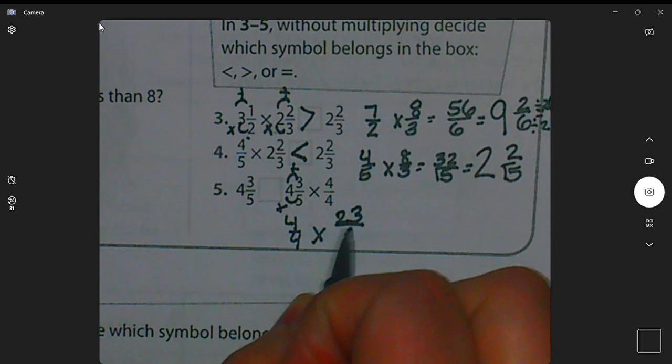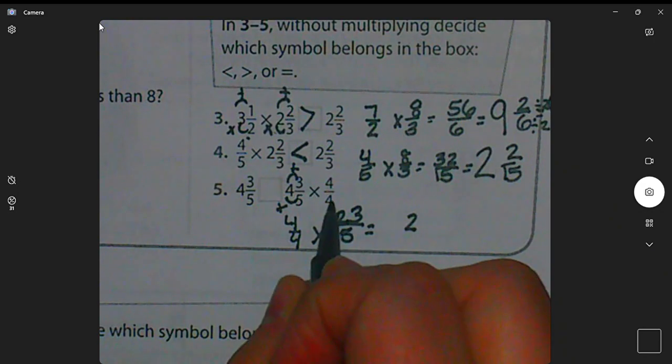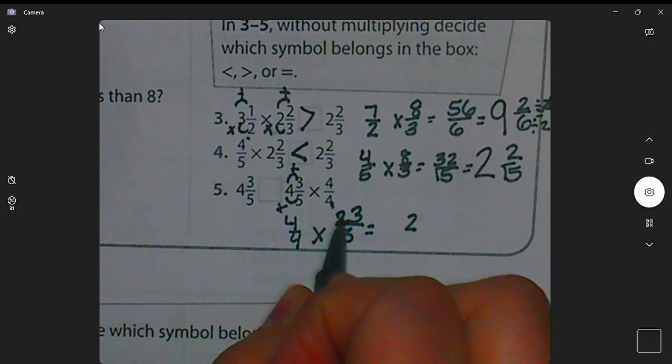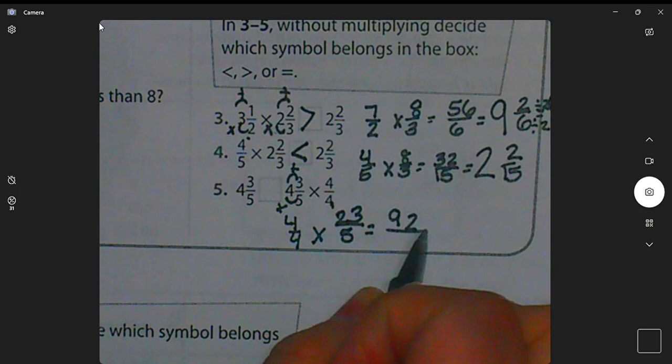And 23/5. 4 times 3 is 12. 4 times 2 is 8, plus 1 is 9, over 20.